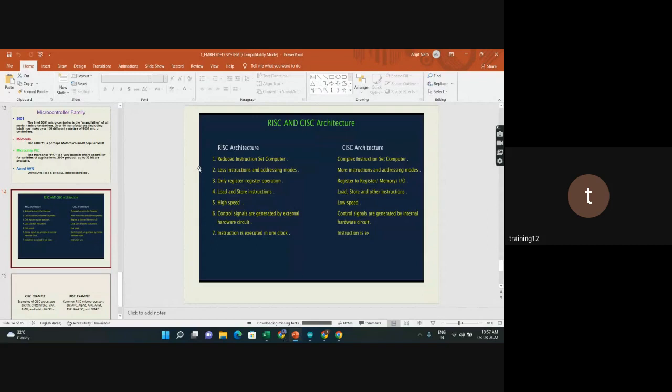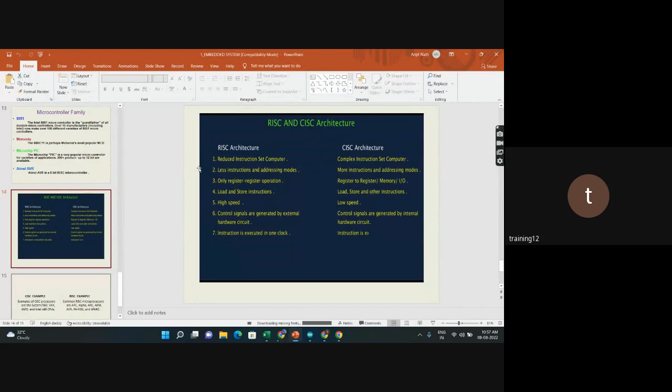Then in RISC architecture, load and store are separate instructions, but in CISC architecture, load, store, and other instructions are happening. The speed of the RISC architecture is very high, but the speed of the CISC architecture is low.